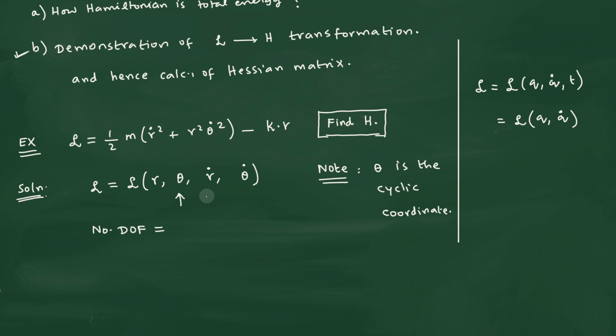It doesn't matter which one you count, because here we maintain an equal number. So here we have two of them, whether it is the dotted ones or undotted ones, and therefore we will say that the given problem is a 2 degrees of freedom system. So this is your first claim that you can have.